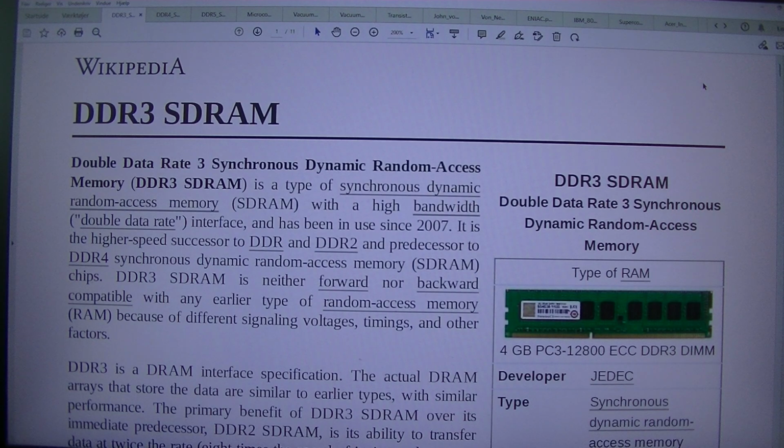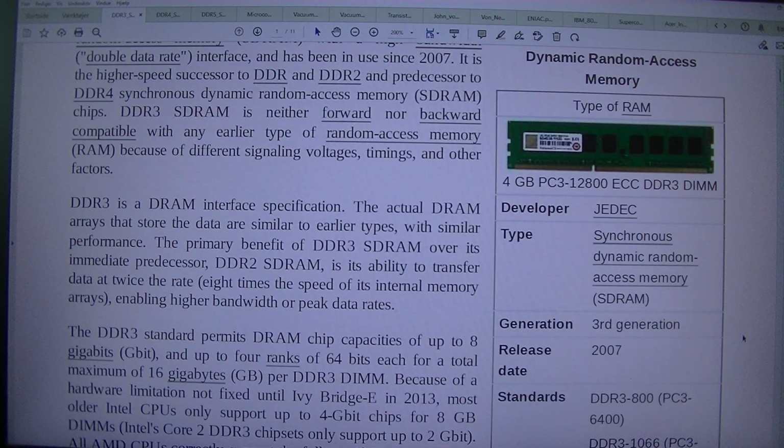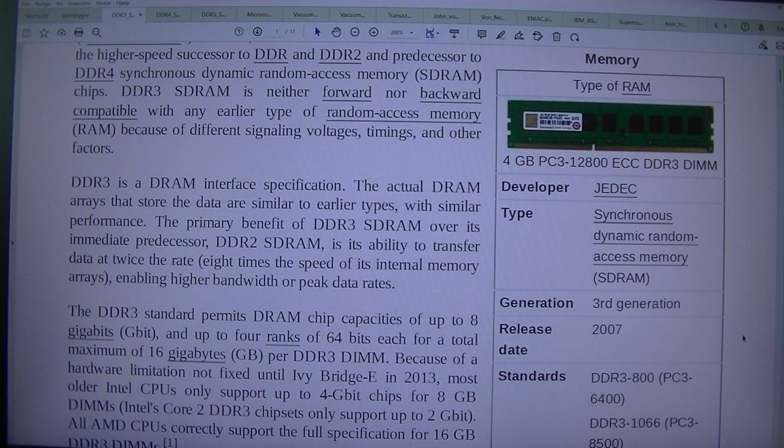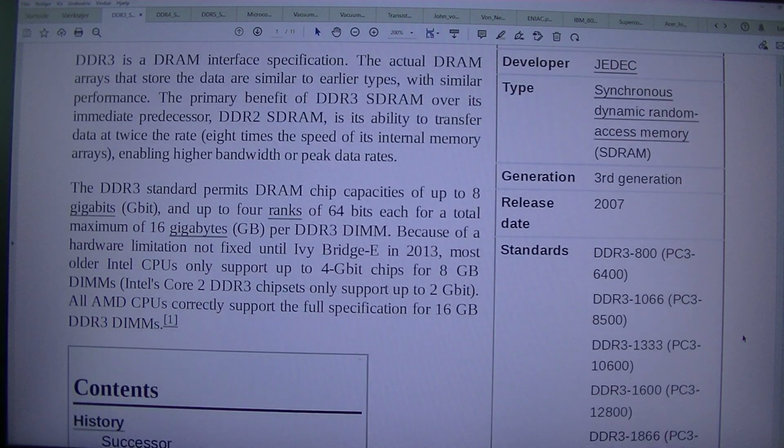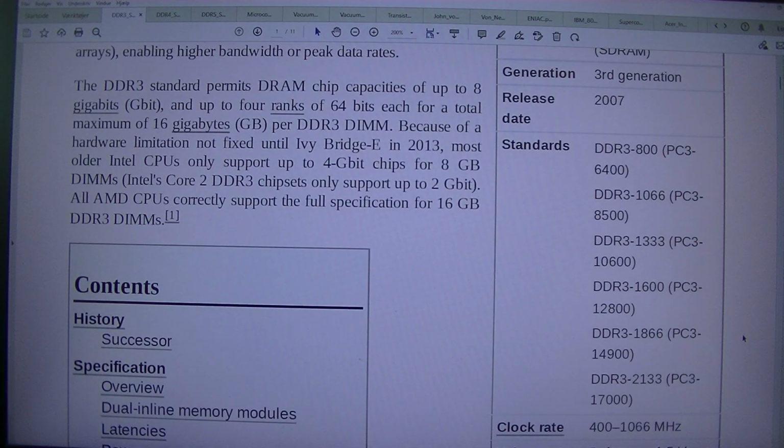DDR3 SDRAM. DDR3 SDRAM, double data rate 3 synchronous dynamic random access memory, type of RAM. 4GB PC3-12800 ECC DDR3 DIMM. Developer JEDEC. Synchronous Dynamic Random Access Memory, SDRAM. Generation 3. Release date 2007.